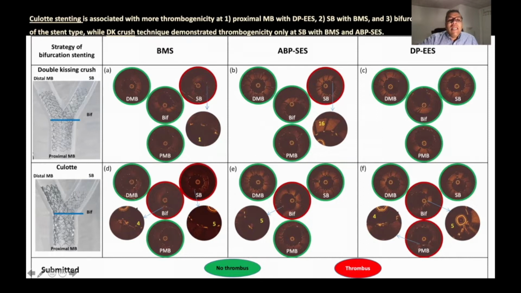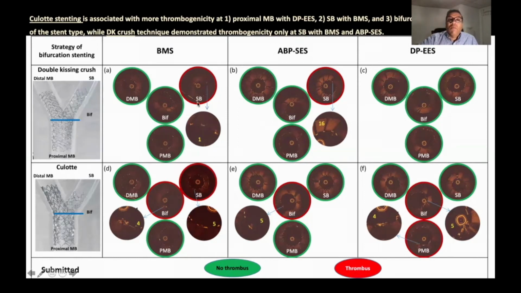And in green circles, we are showing you the portions of the bifurcation with no thrombus, and in red, those areas of the bifurcations with thrombus. So as you can see already, we see more red circles at the bottom row, which is the culotte model, in all of the different stent platforms.